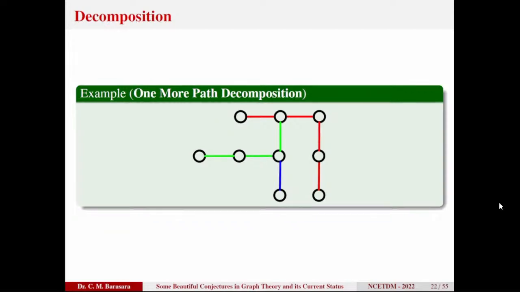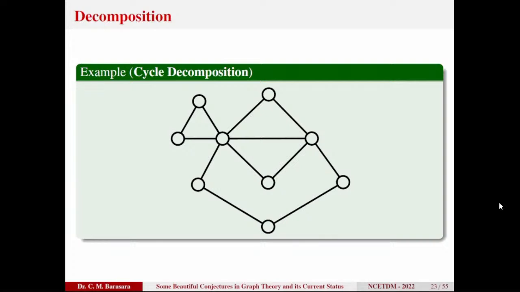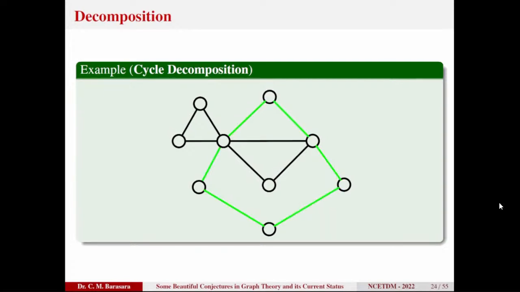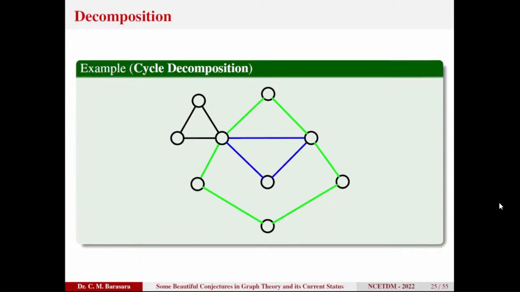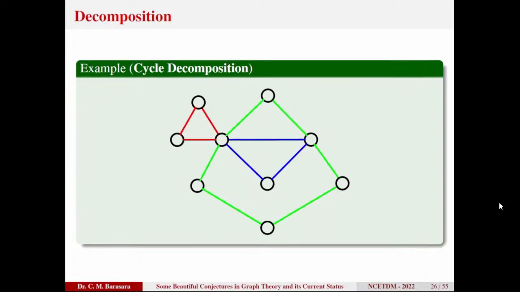It can be decomposed using 3 subgraphs. I have given one example of cycle decomposition too. This is the first cycle, this is the second one, and this is the third one. Of course, this is an Eulerian graph. The degree of each vertex is even, and it is connected. Even connectedness is not required for both conjectures, but I have considered connected examples.